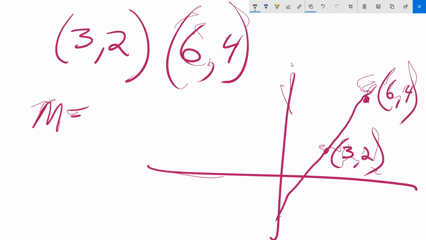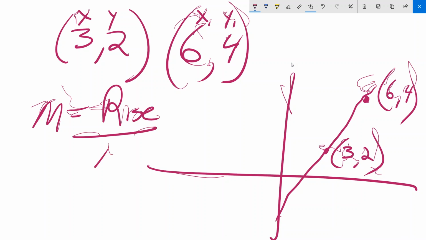Rise is the difference between the y points. This is an x point, that's a y point. That's another x point, that's another y point. What's the difference between the y points? That's rise over run. What's the rise? What's the difference in the y coordinates?